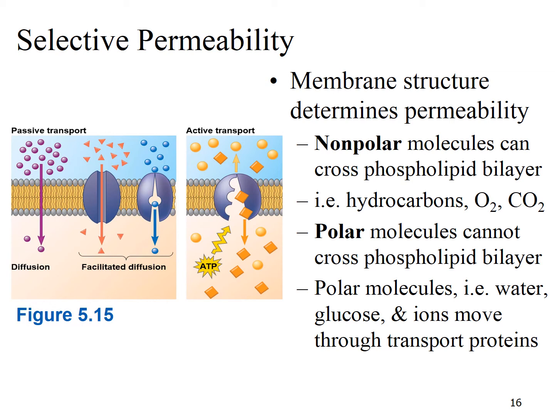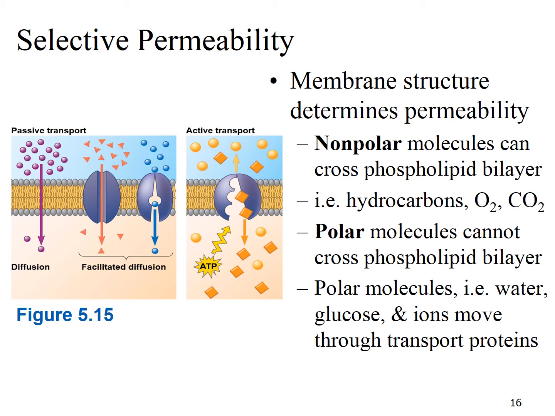In facilitated diffusion, the proteins are helping to move a molecule back and forth across the membrane, but the molecules still follow the concentration gradient. That is, they are still going to move from a higher concentration to a lower concentration, seeking equilibrium. Types of molecules that move this way might be water and glucose.